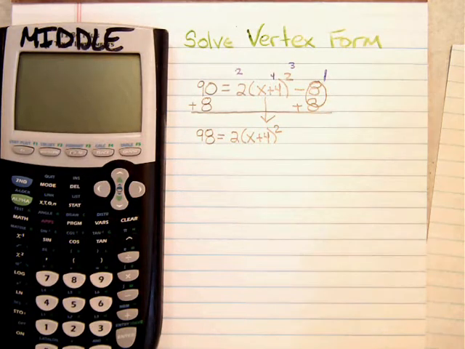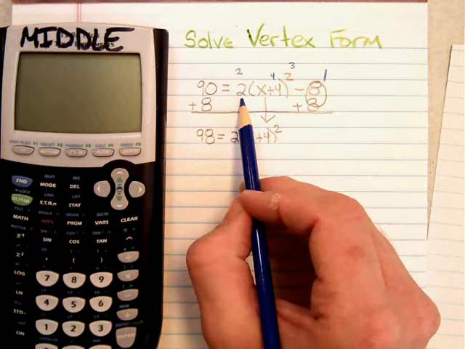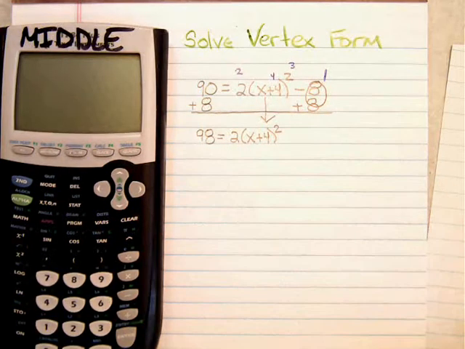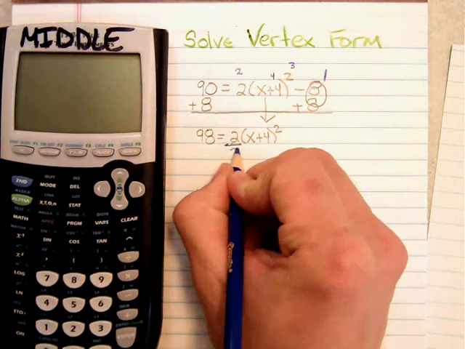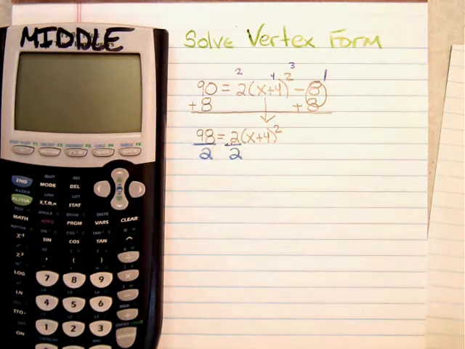If I look up at the top, the second thing that we needed to get rid of is this 2. And the 2 is attached to this set of parentheses by multiplication. So we're going to use its inverse, which is division. So we're going to divide by 2 on both sides of that equal sign.